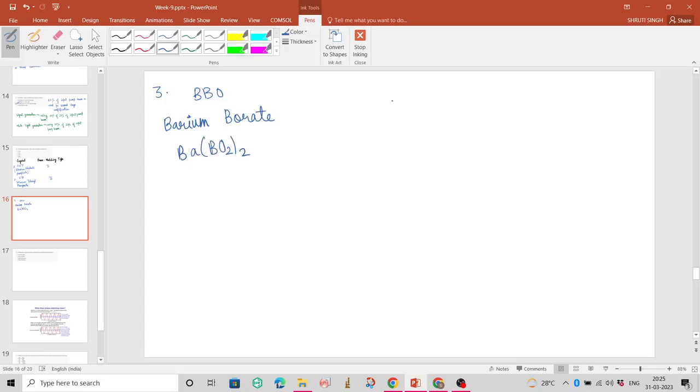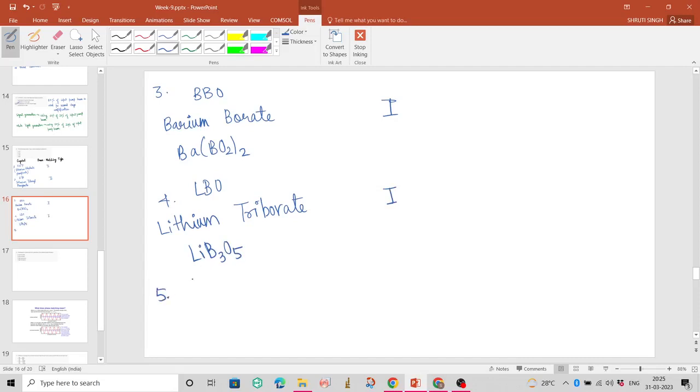It has phase matching type 1. Another which is used is LBO. What is LBO is lithium triborate, LiB3O5. This also has type 1.